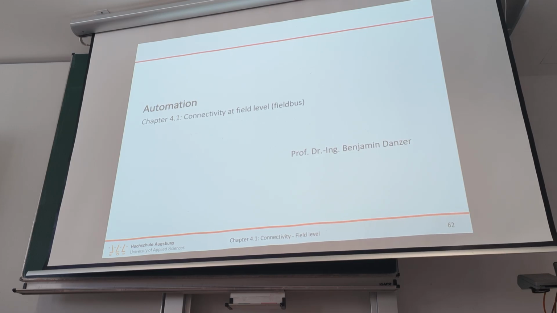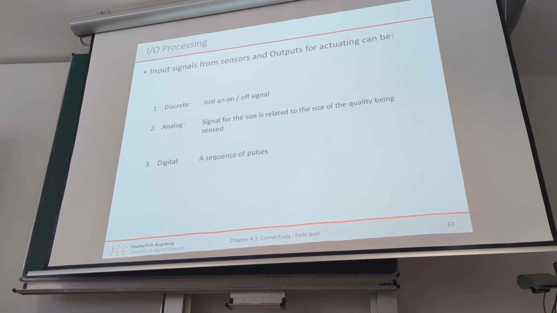Now, looking at the connectivity at the field level, so that's from the PLC down to the field, down to the process. We have mostly three types of signals. We have discrete signals, which is just Boolean signals. The signal is either on or off, which is very typical in our factory automation.